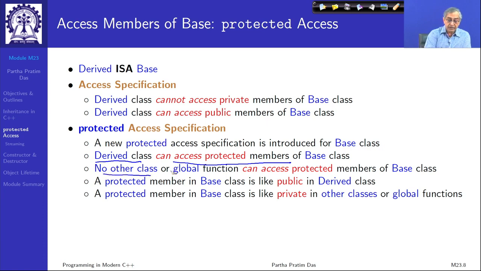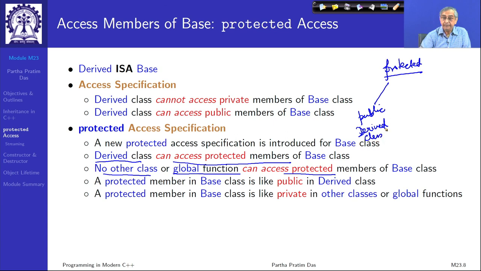No other class or global function can access protected members. So, if I think about protected members, it is like public in the derived class, and it is like private anywhere else.